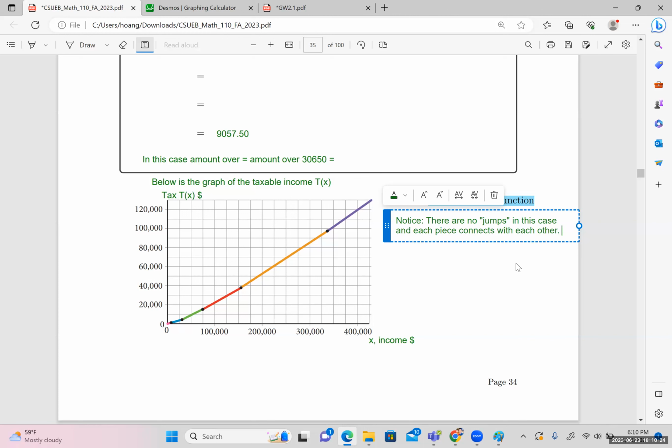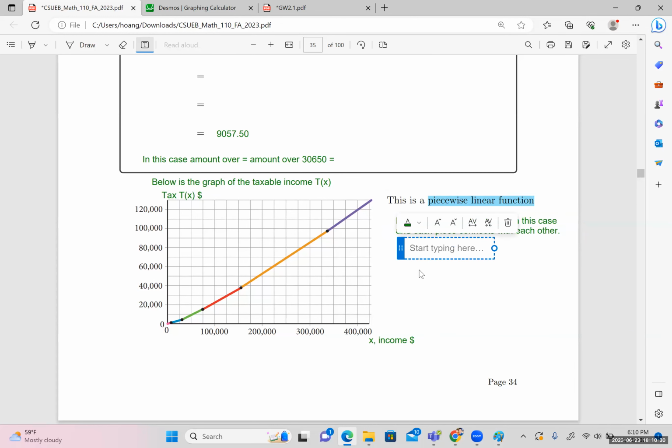Okay, so there is no jump. Let's say, if, let's use alpha, if my salary, my income X is equal to exactly 74,200.